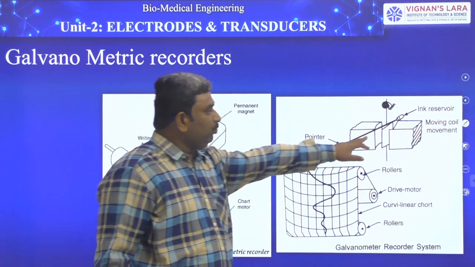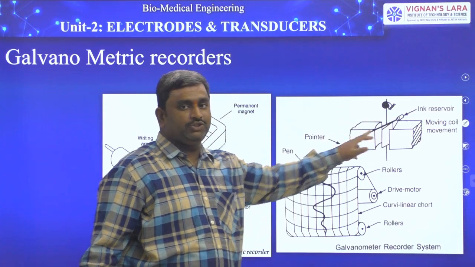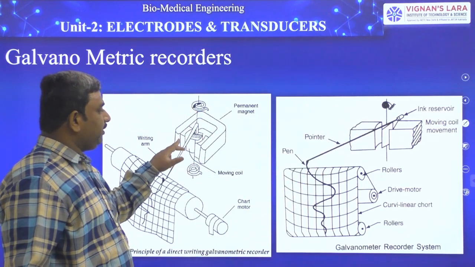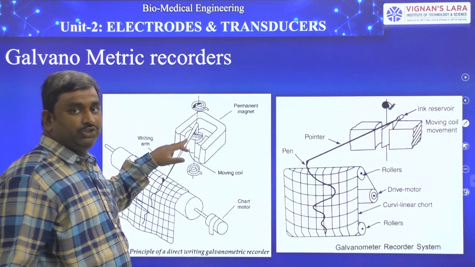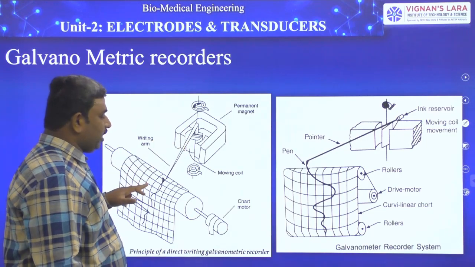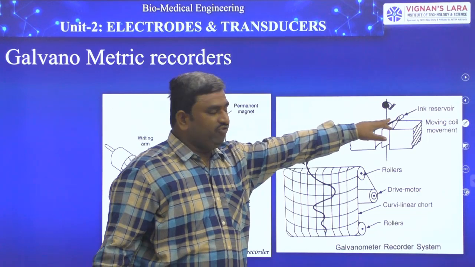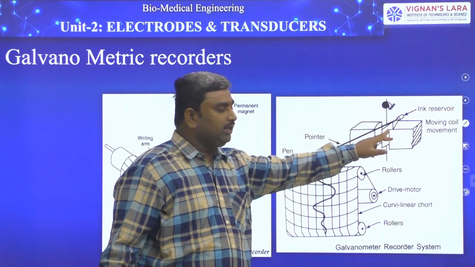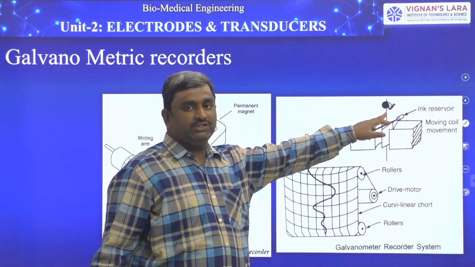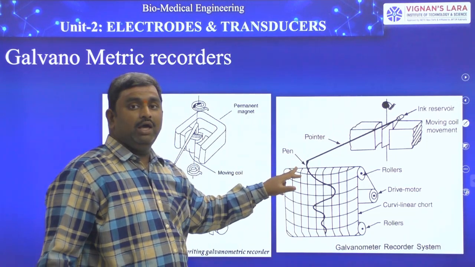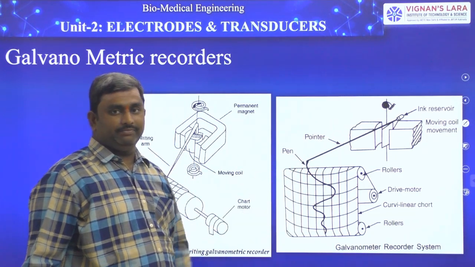Here we have two magnets, and in between we have placed an armature. Here also we have a permanent magnet with an armature placed in it. The pointer connected to that armature is placed on the paper. Whatever deflections or EMF are produced in this plate will be picked up by this pen pointer and recorded on the paper.